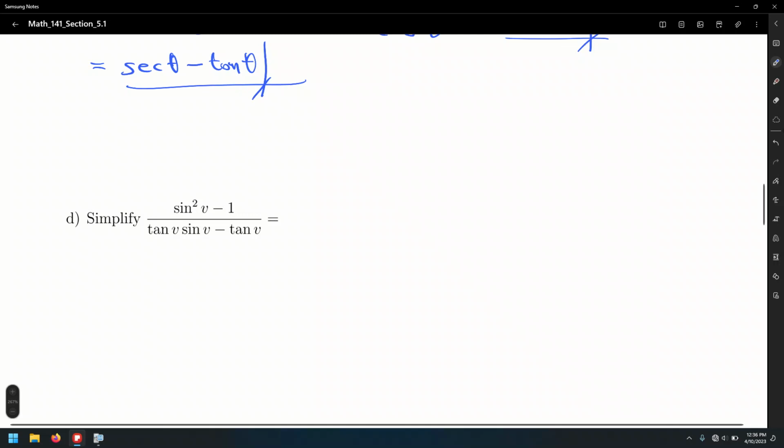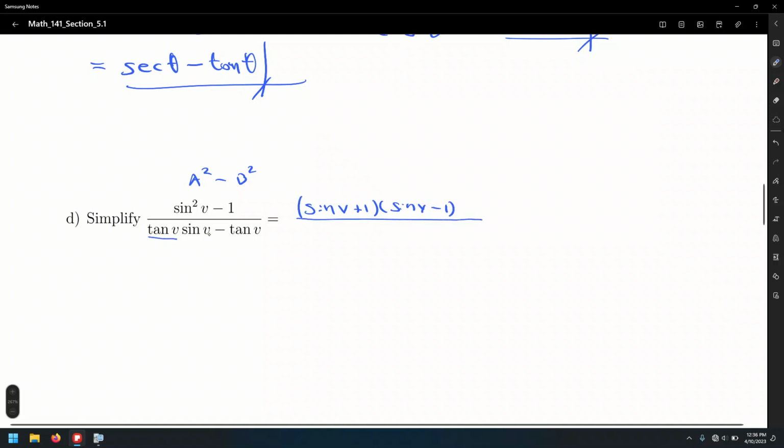All right, I'll do it, I guess. Well, the numerator looks like something squared minus something squared. So that means we can use the difference of squares factoring technique to factor the numerator: sine v plus 1 times sine v minus 1.